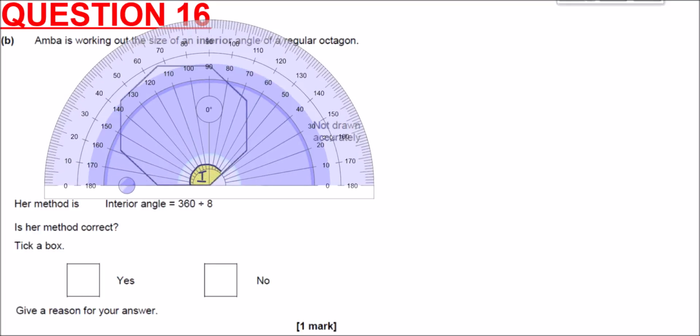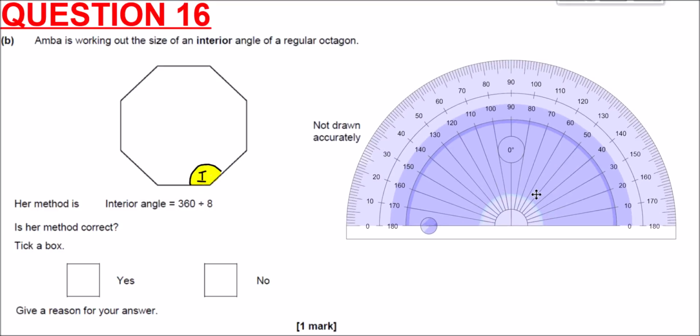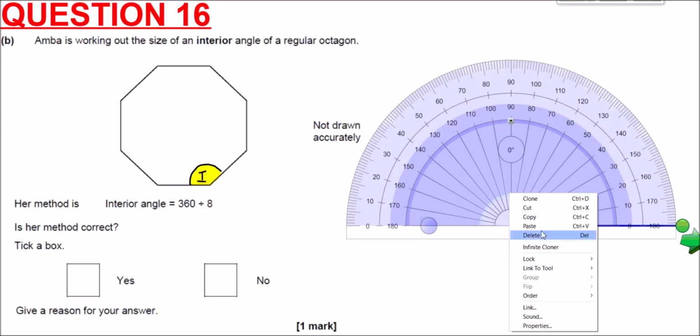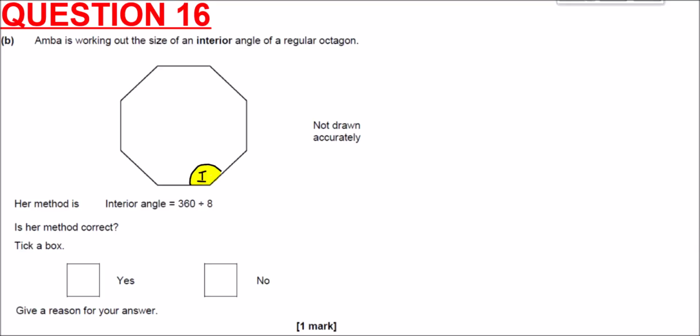That to me seems about 137 or 138 or so. So that's nowhere near 360 divided by 8. That's nowhere near 45 degrees. Not that you should rely on that intuition as a judgment, but I'm just saying to measure it could give you a clue, if not actually give you proof that she's wrong. Her method's incorrect.